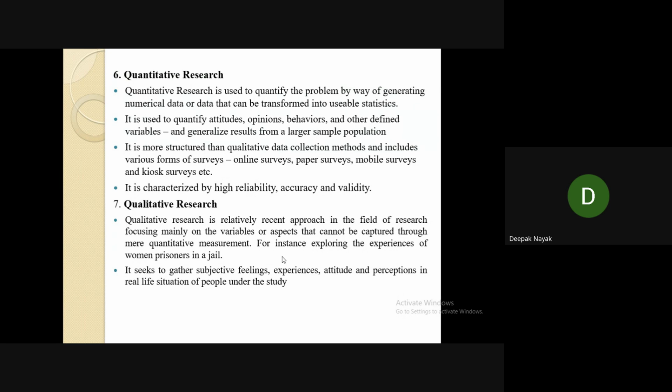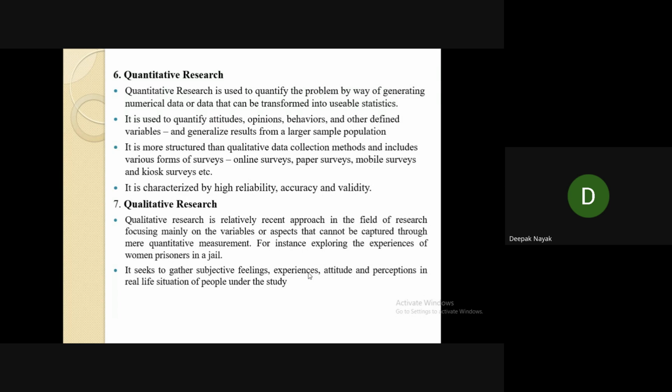Then only you can understand what exactly is happening to their life in the prisons. Some qualitative feelings, experiences, attitudes, and perceptions cannot always be counted in numbers. Many things that cannot be counted in numbers are captured through qualitative research models.